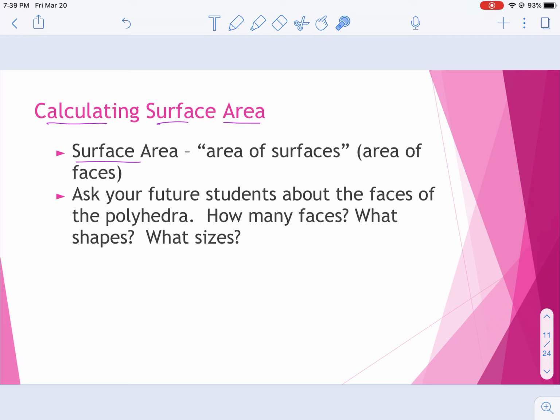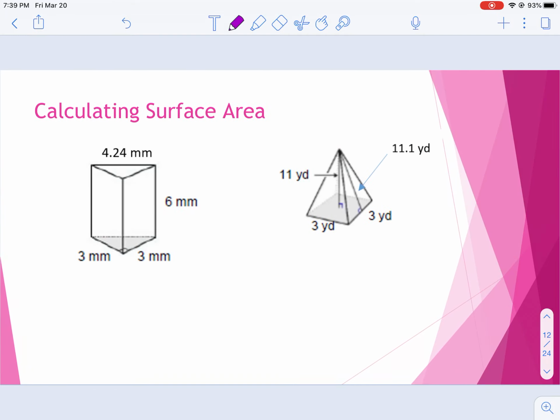But I would encourage you to just really ask your future students about the faces of the polyhedra. How many faces are there? What are the shapes? What are the sizes? They need to be able to what we call decompose. Decompose is just a fancy word for breakdown.